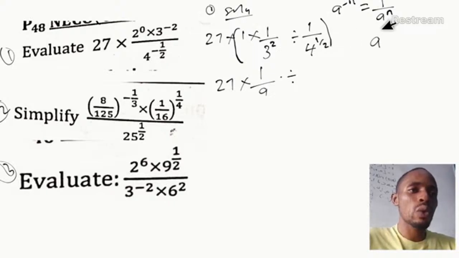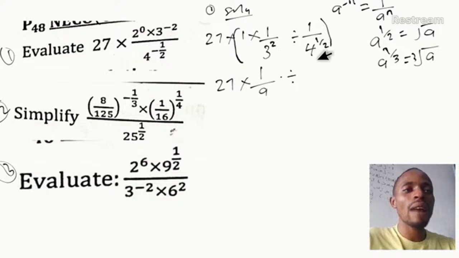If you have a raised to the power of 1 over 2, it is equal to the square root of a, or if you have a raised to the power of 1 over 3, it means we have to find the cube root of this a. So if we apply it here, this half is the same thing as the square root of 4. So here we have divided by 1 over the square root of 4.